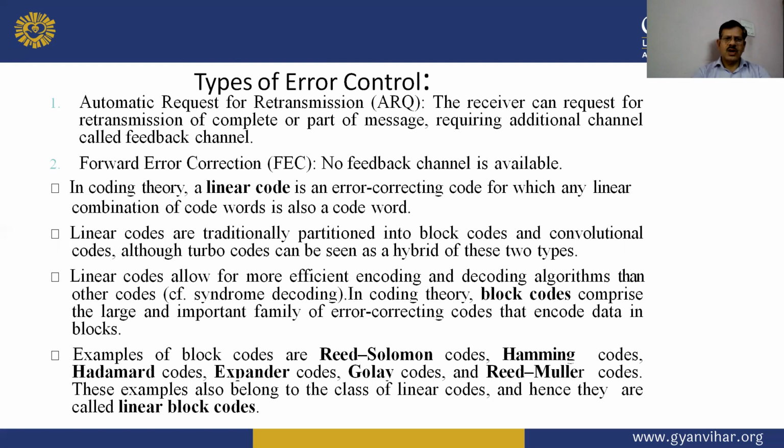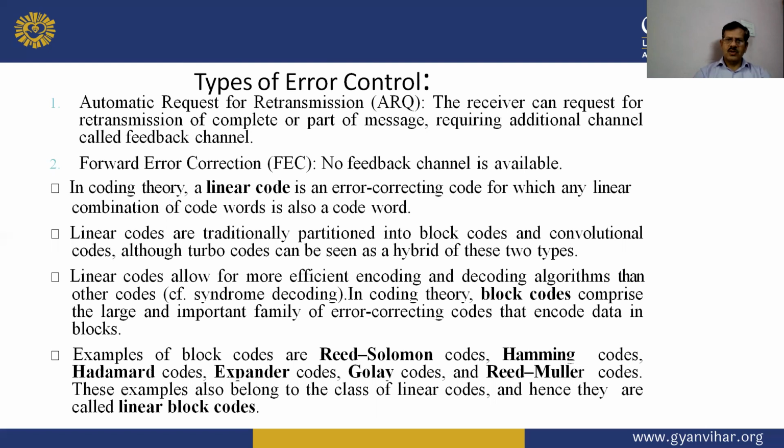Linear codes are traditionally partitioned into block codes and convolution codes, although turbo codes can be seen as a hybrid of these two types. Linear codes allow for more efficient encoding and decoding algorithms than other codes.